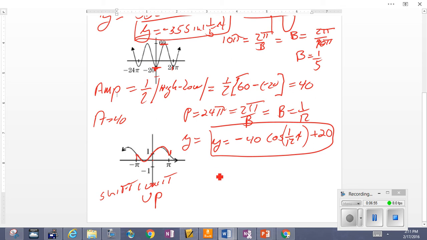So the cycle covers from negative pi to positive pi, which would be 2 pi, the normal cycle. Since the period is 2 pi over b, that suggests that b is just equal to 1.